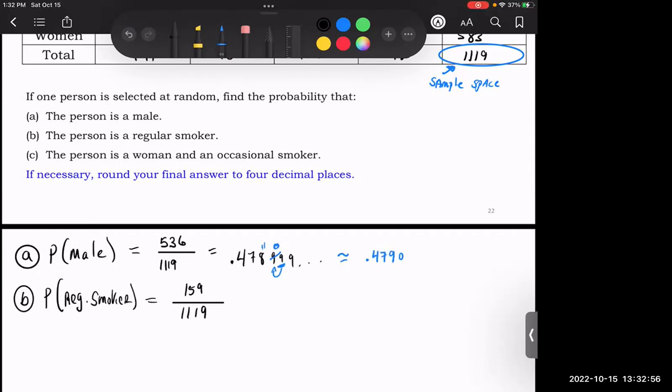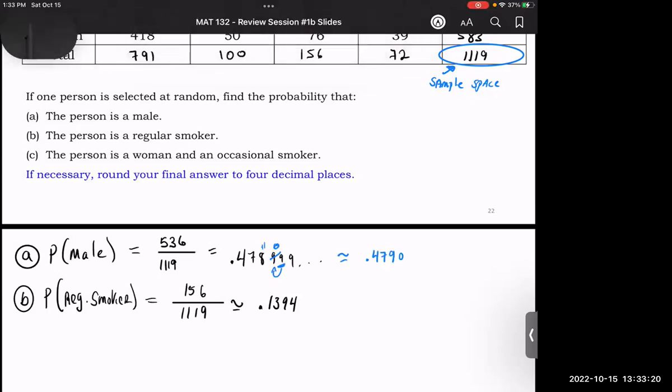So 156 over 1,119. And again, we're going to have to take this value and round it to four decimal places. If you do this correctly in your calculator, you get 0.1394.